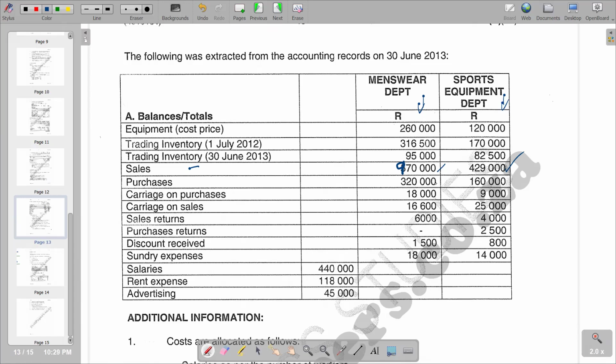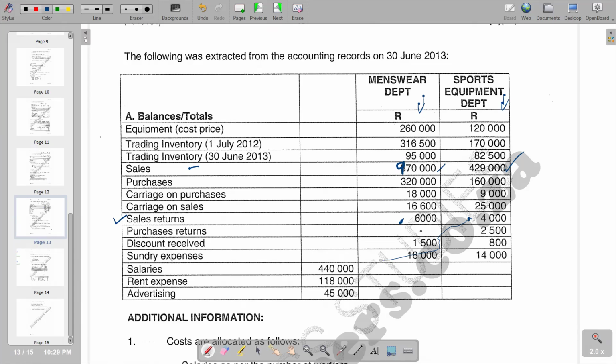Going to our answer section, we are going to transfer a net figure of our sales. How do we find it? We say sales minus sales returns. If you notice here, we also have sales returns: 6,000 for the menswear department and 4,000 for the sports equipment department.